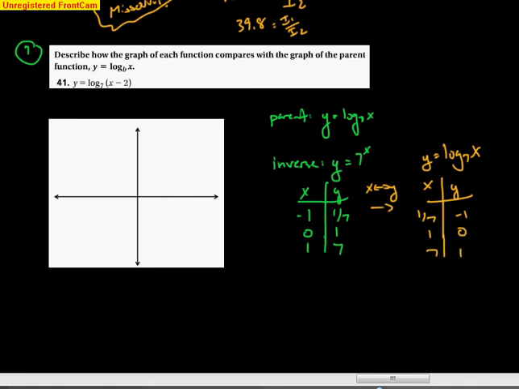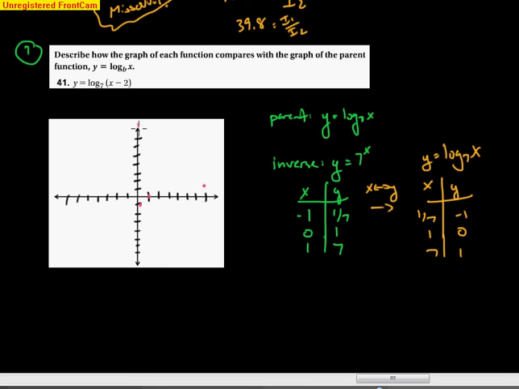And there are my 3 points. I'll graph these 3 points in red. So we have 1/7, -1, so that's really close. 1, 0, and 7, 1.